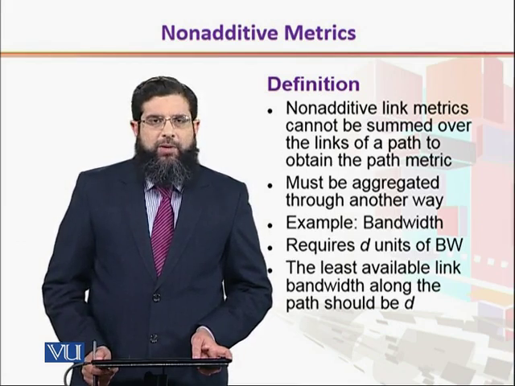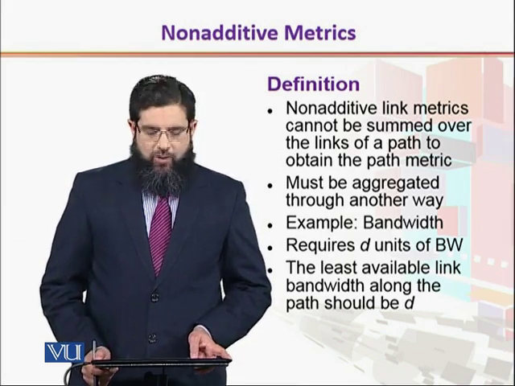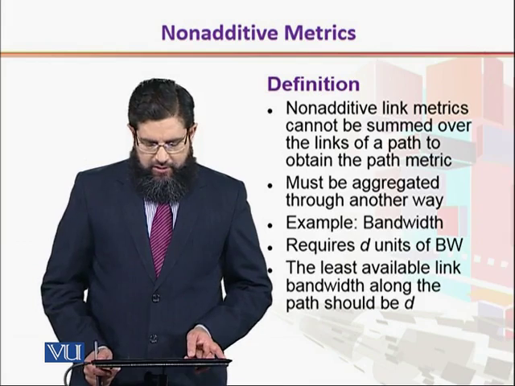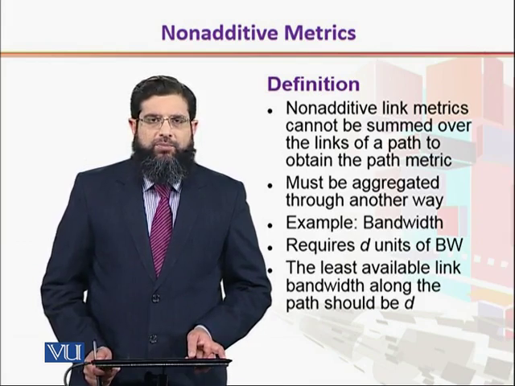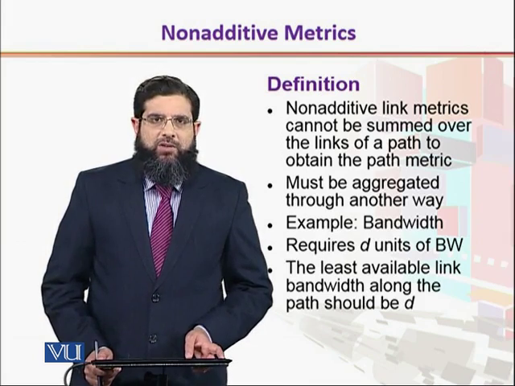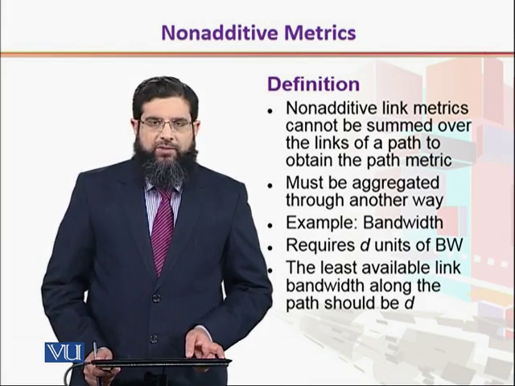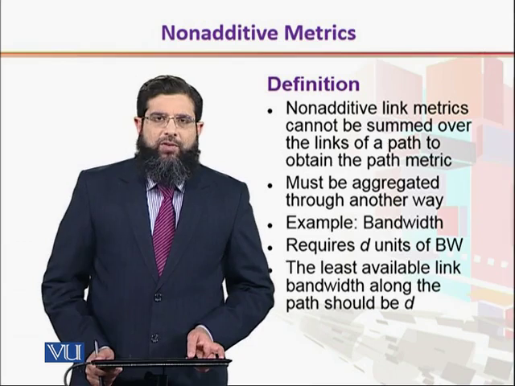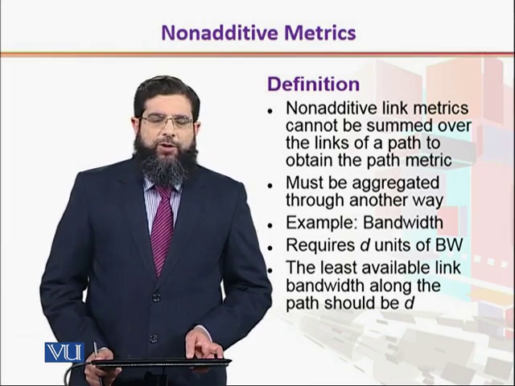So if we want to determine the overall end-to-end impact of non-additive matrix, we have to do it through another way. As an instance, let's consider bandwidth. If we have the same scenario in which we have 3 links and individual bandwidths of these 3 links are the same, say 10 megabits per second, then we surely cannot say that the end-to-end bandwidth is 30 megabits per second.